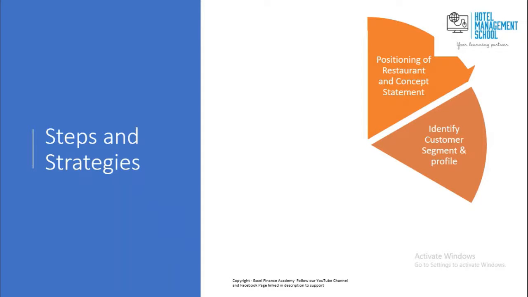But ideally, we suggest not to go after only one segment. At least target 2 to 3 segments at one time, which are related to each other. Like you can target the tourists and the families together, or for lunch you can target business people, for dinner you can target families, or you can target the tourists for both. Tourists are general.